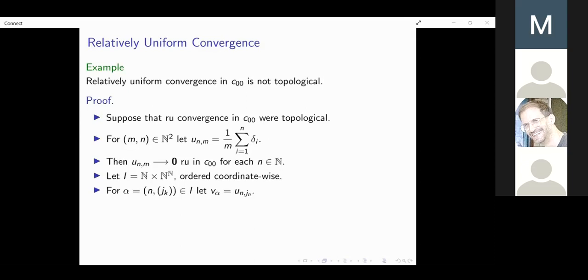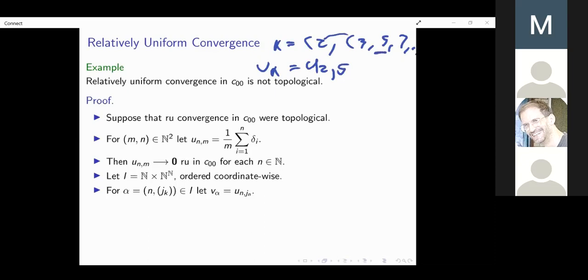For instance, if alpha were 2 and the sequence 3, 5, 7, and so on, then V alpha would be U_2, and from the sequence U_2m, we select the fifth entry, like so.